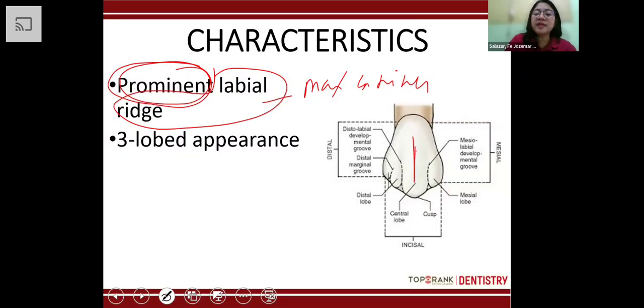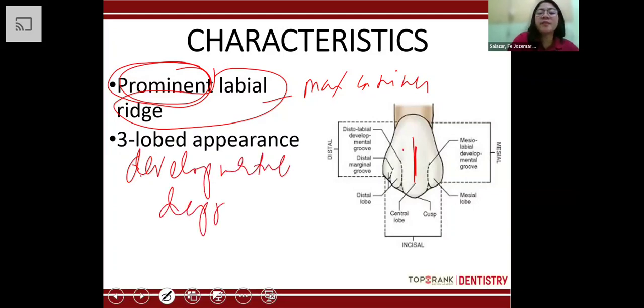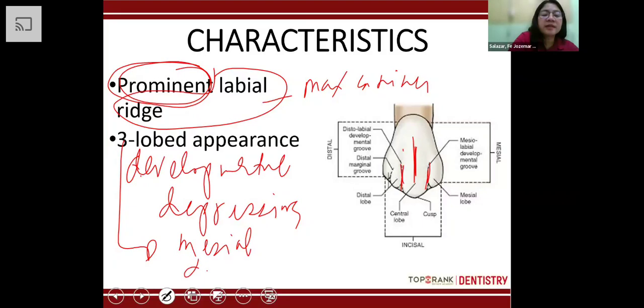And because of these, you have developmental depressions, giving it a 3-lobed appearance. Ano yung tatlong lobes na yan? Mesial, distal, middle. Now, ano dyan yung most developed? Middle.